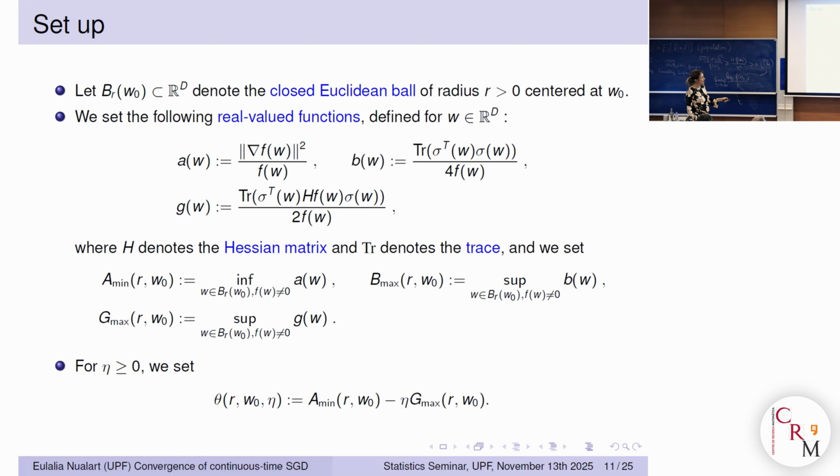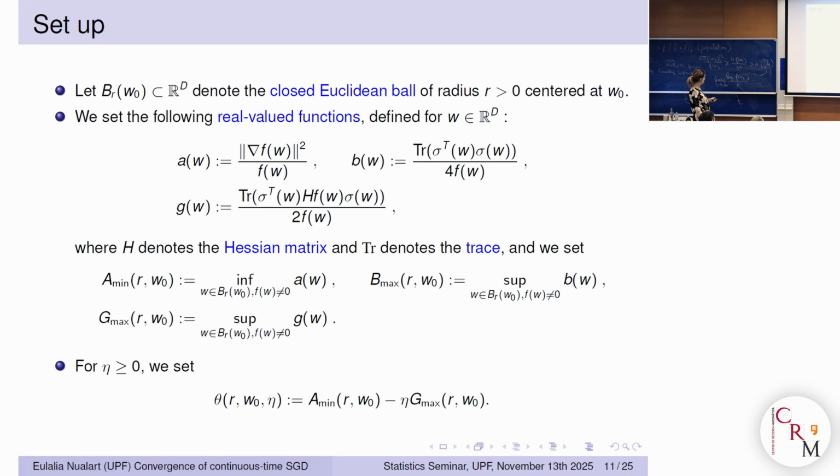So here we also need to control the maximum of these two coefficients. But as Eric was saying, we expect sigma transpose sigma to behave like gradient of f squared, so it's natural to assume these things.